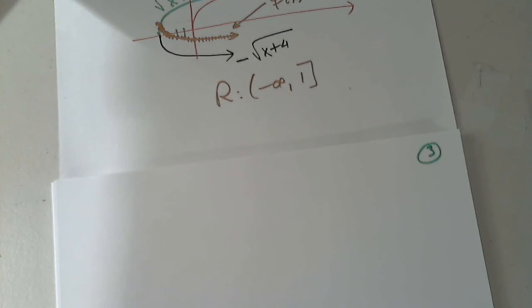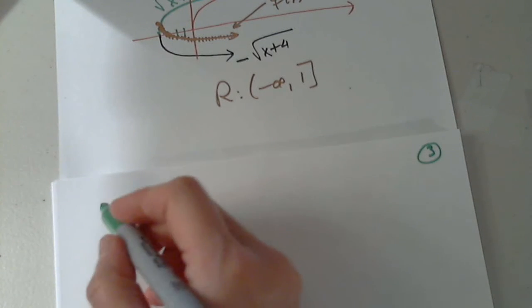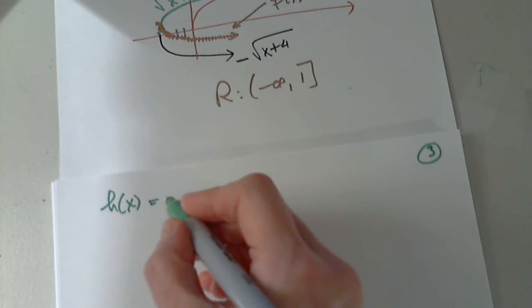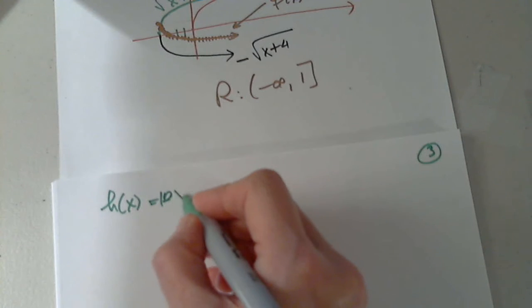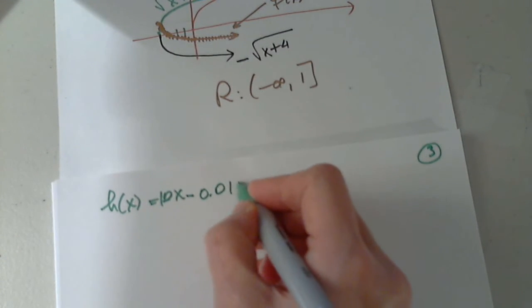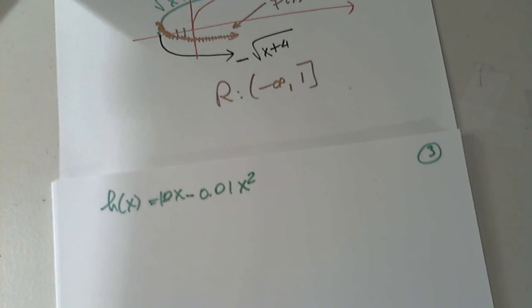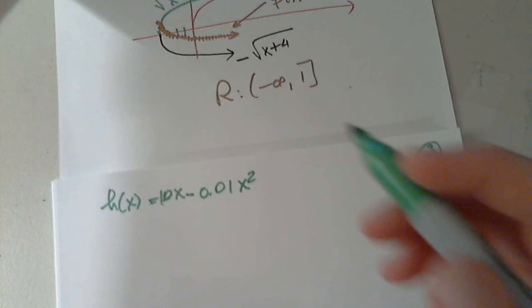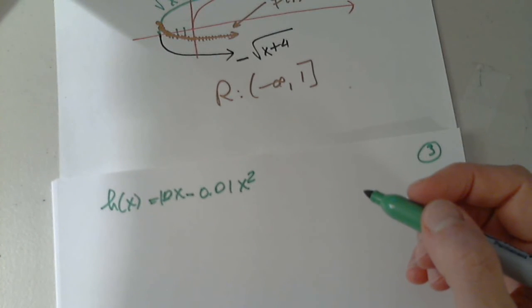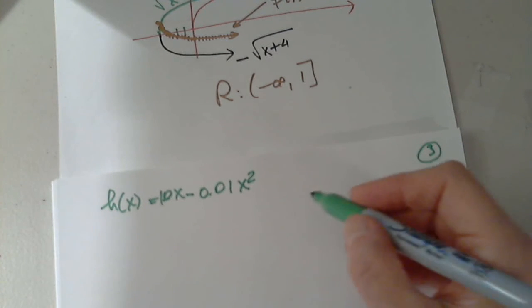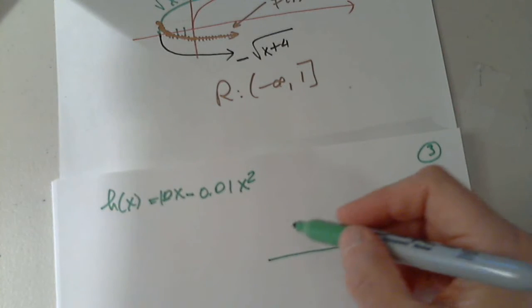7, 6, 5. Okay, so we have h of x, which is 10x minus 0.01 x squared. X is the height of the cannonball above the water when it has traveled a horizontal distance of x. Okay. So this is the idea.